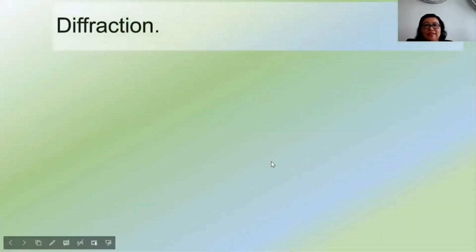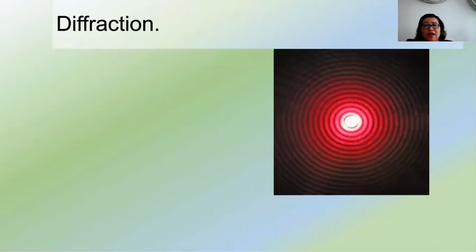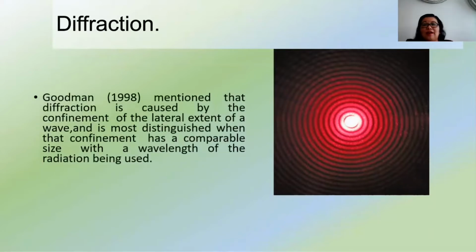Diffraction. The term diffraction has been defined by Sommerfeld as any deviation of light rays from rectilinear paths which cannot be interpreted as reflection or refraction.